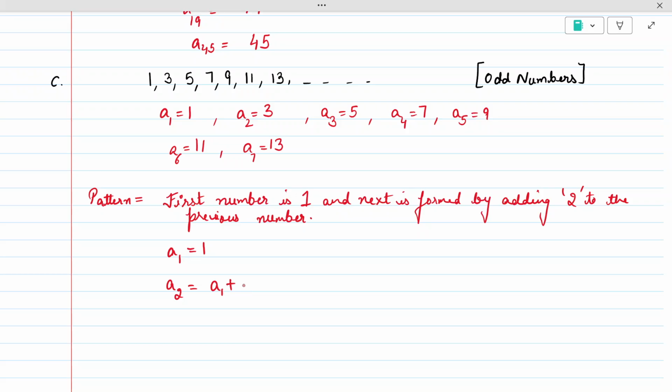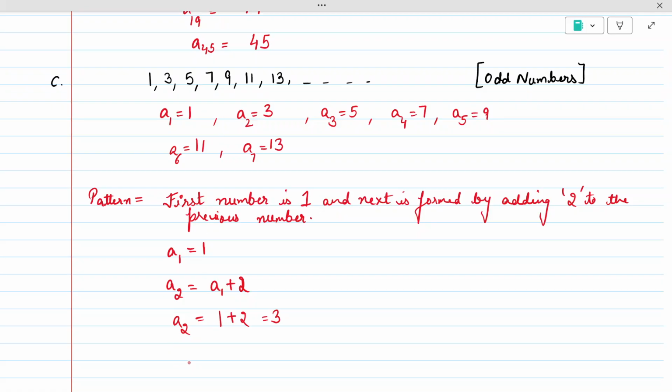So my A1 was 1 and I am adding 2 to it. My A2 becomes 3. So A2 is 3 here.